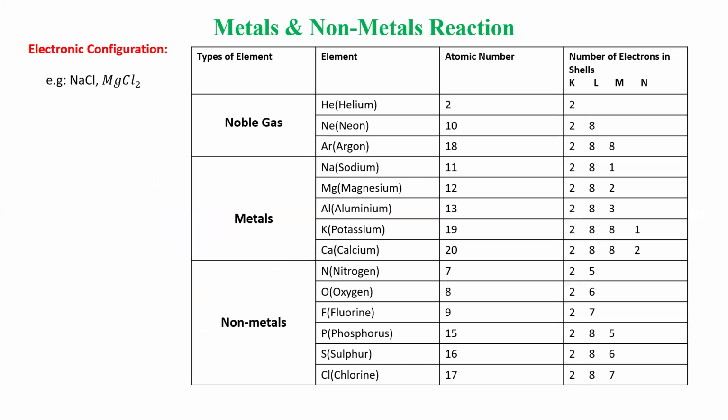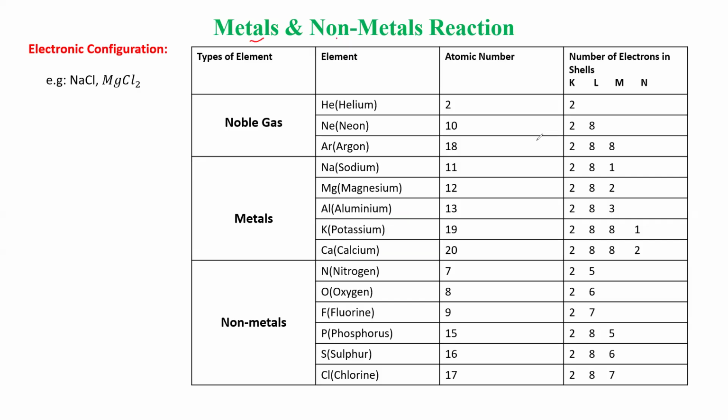Next we have electronic configuration. Here we will see a little bit about how the formation of a compound takes place, and how metals and non-metals react. Every element available in nature wants to obtain a stable state. An element obtains the stable state when its outermost orbit is fulfilled, or, in the case of higher atomic numbers, when the outermost orbit has 8 electrons.